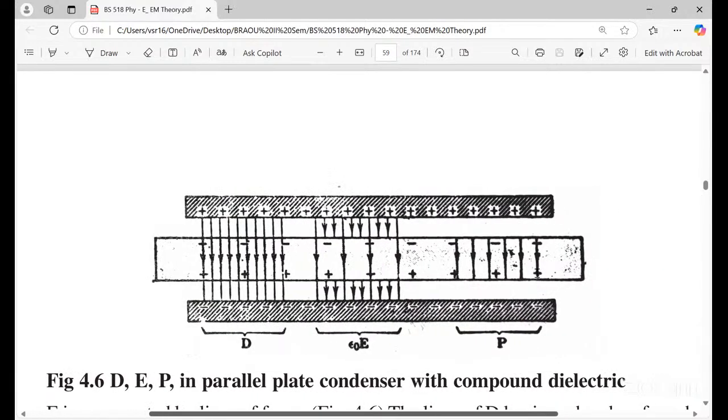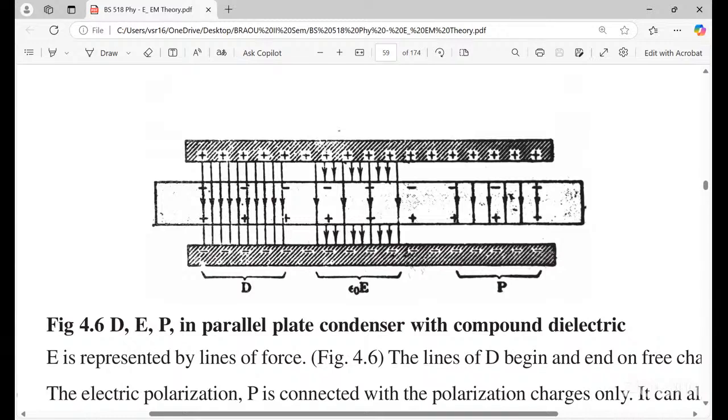You can see here the upper portion. This is the first plate, having positive charges, and this is the second plate, having negative charges on it. So between them, a dielectric slab is to be introduced here.